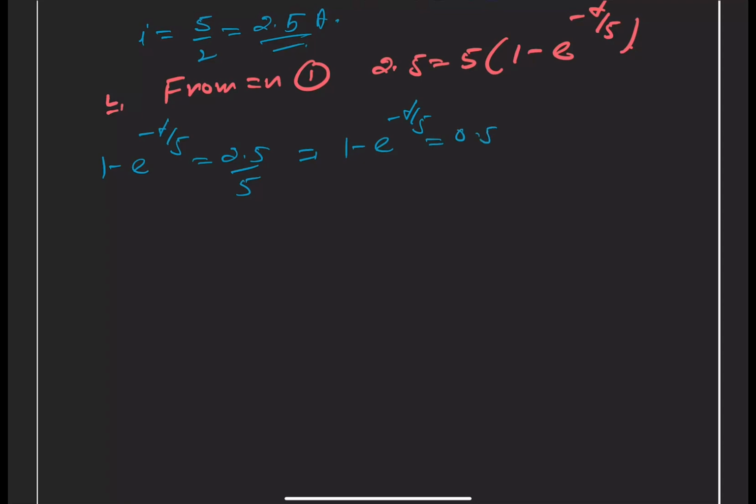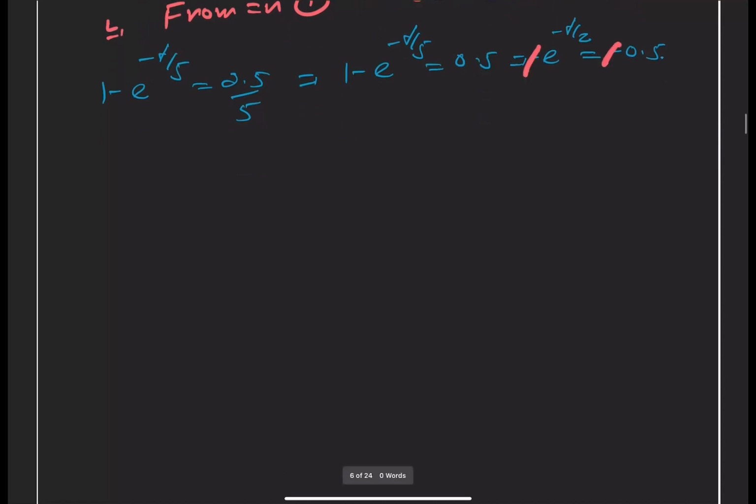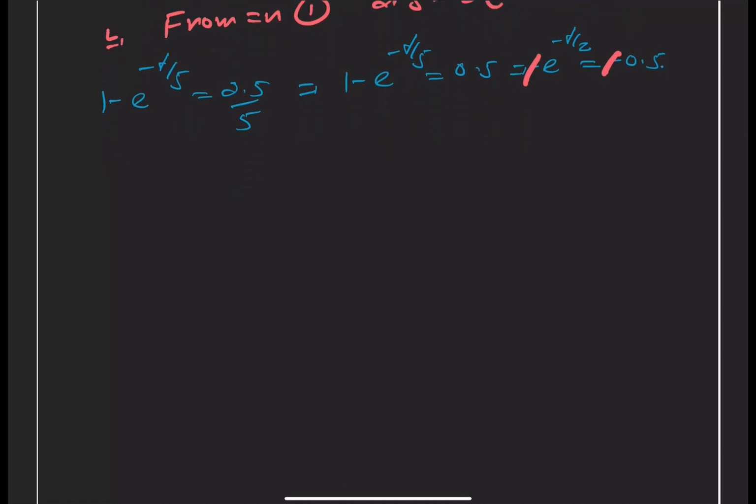This will be coming as 0.5, which gives us e to the power minus t upon tau is equal to 0.5, since the minus and minus cancel out. We get minus t upon tau is equal to natural log of 0.5.